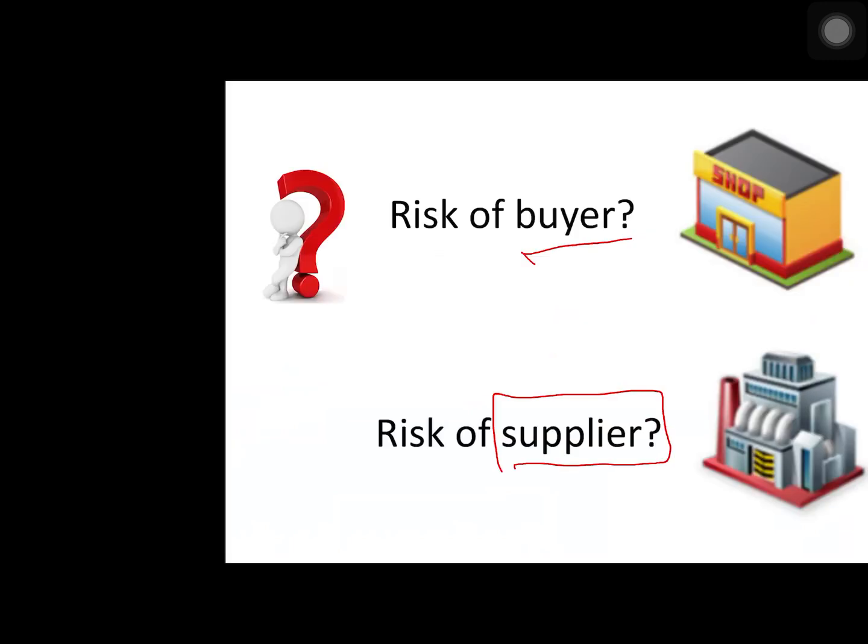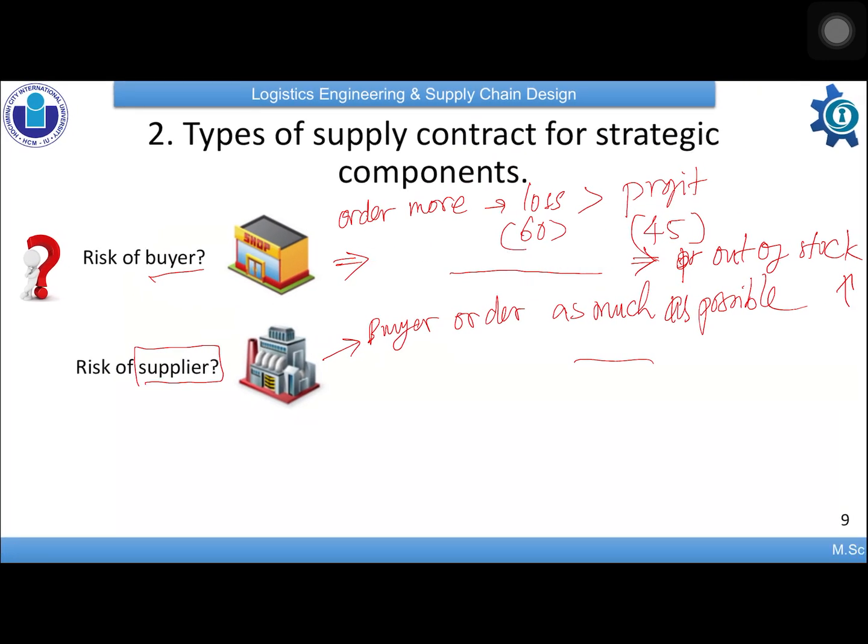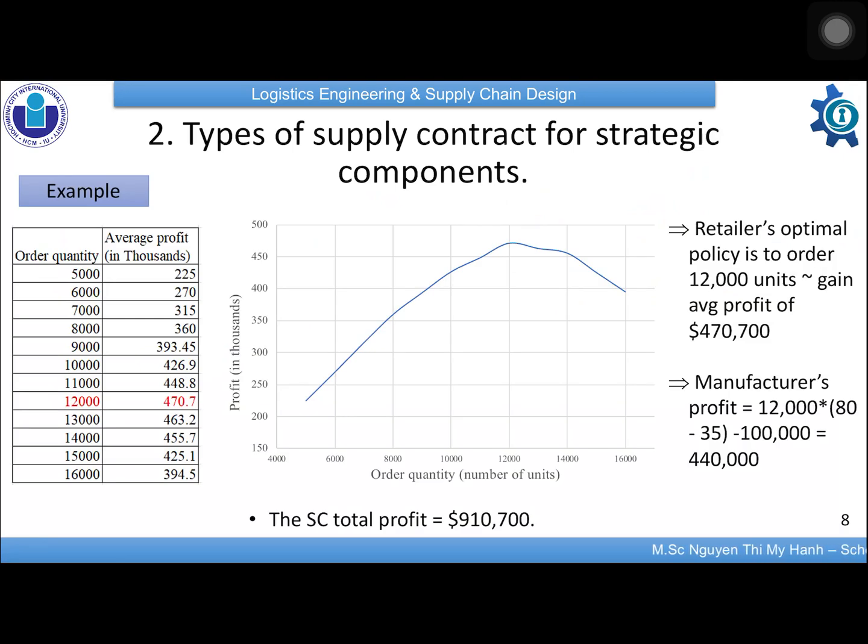when they don't sign the buyback contract, 470,700.